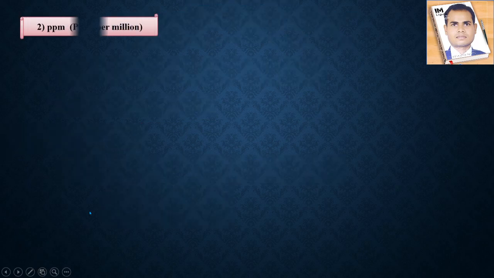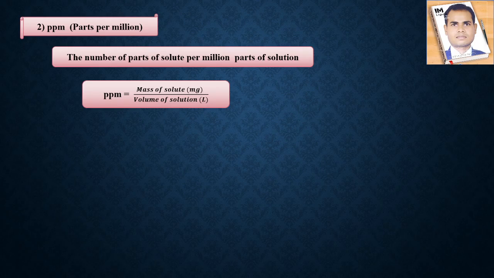Now next is ppm, parts per million: the number of parts of solute per million parts of solution. The formula for ppm is mass of solute in milligrams divided by the volume of the solution in liters. By using this formula we can calculate ppm.